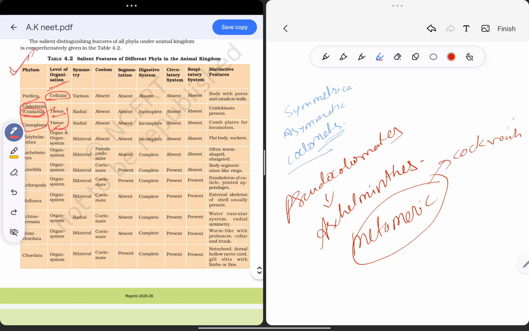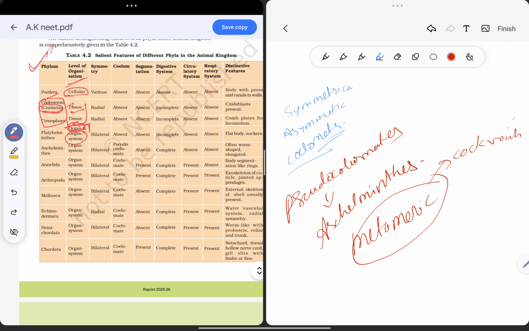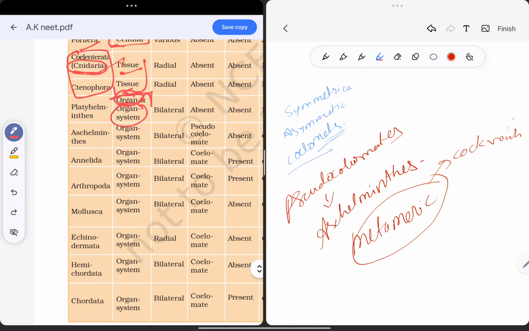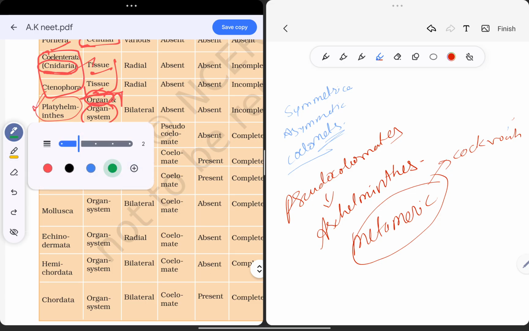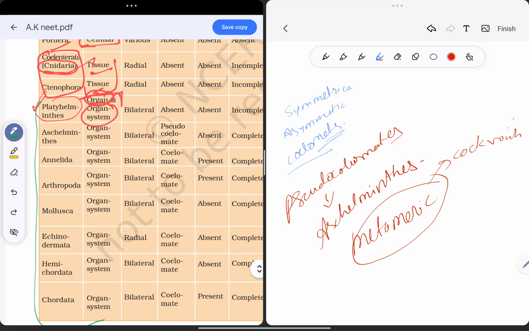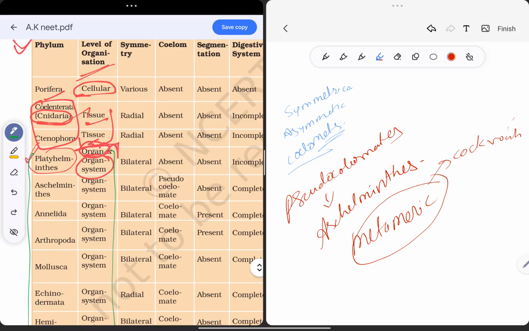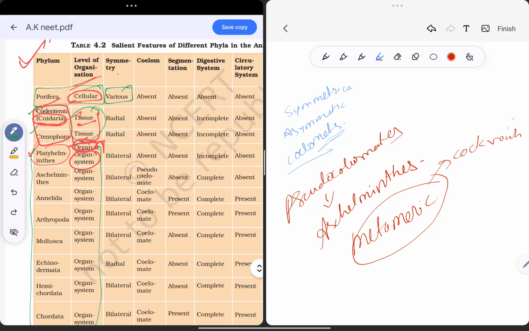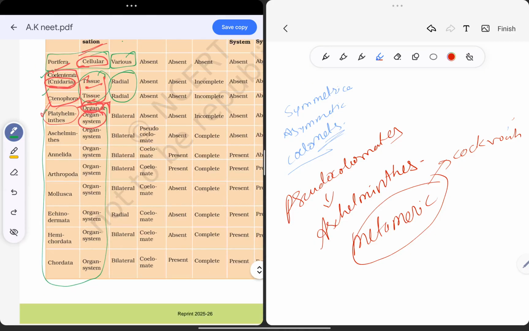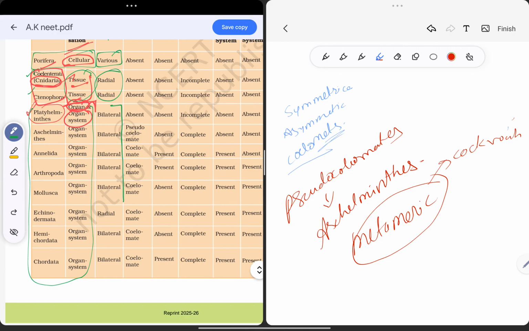After tissue level comes the organ system. You should remember this point very importantly. From Platyhelminthes to the chordates, all have organ system, but only Coelenterata and Ctenophora have tissue level, and Porifera is the only one which has cellular. Symmetry is various in the case of Porifera, radial in both Coelenterata and Ctenophora, and bilateral from here to Mollusca.